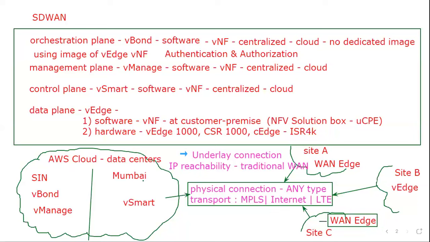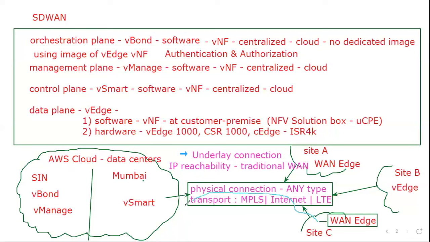One connection will be for IP reachability, and one connection will be for the controllers. The connection for IP reachability is already established, that is the underlay connection. Now by utilizing that underlay connection, it will have the connectivity with the controllers.